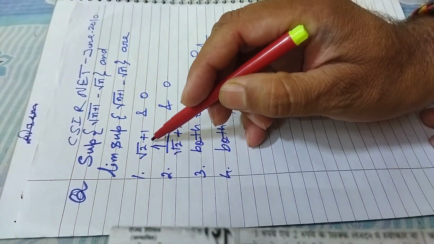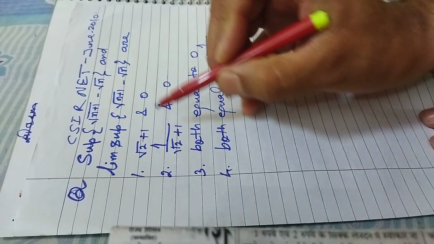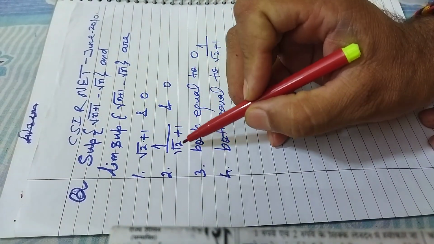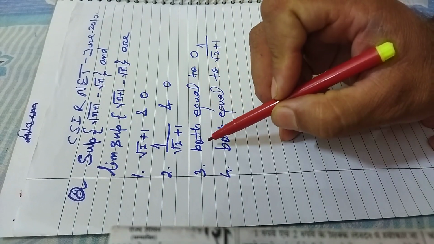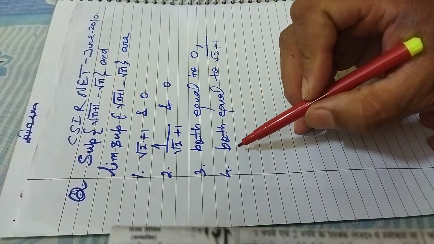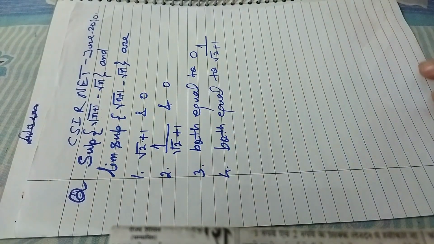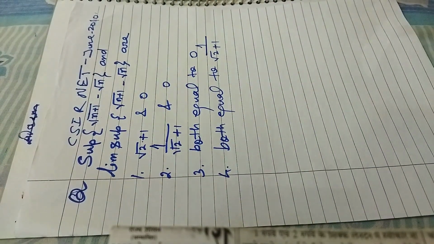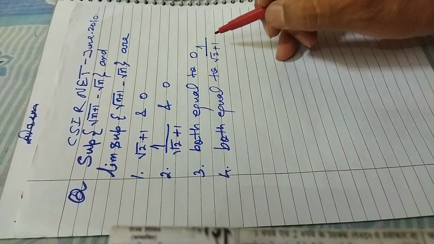First option is root 2 plus 1 and 0. Second option is 1 upon root 2 plus 1 and 0. Third option is both equal to 0. Fourth option is both equal to root 2 plus 1 upon root 2 plus 1.